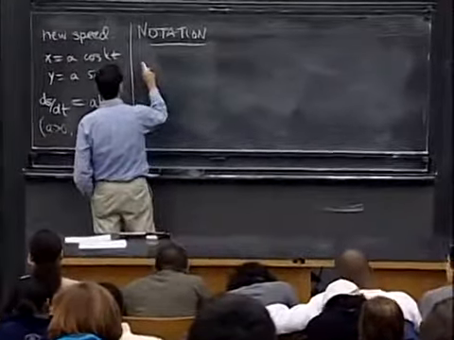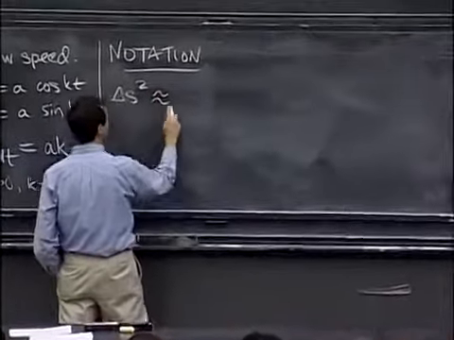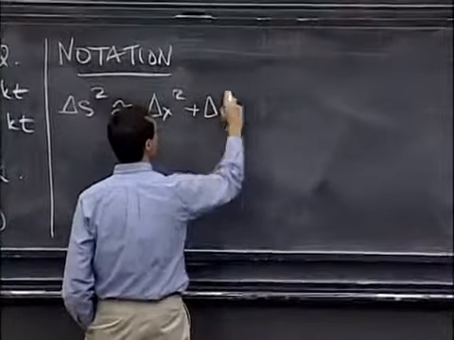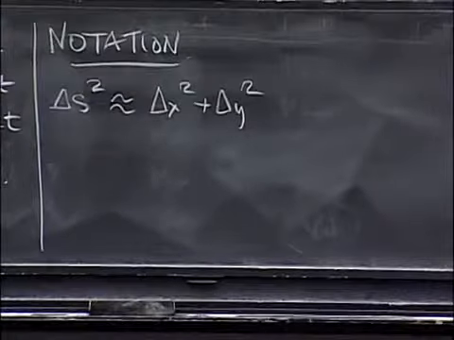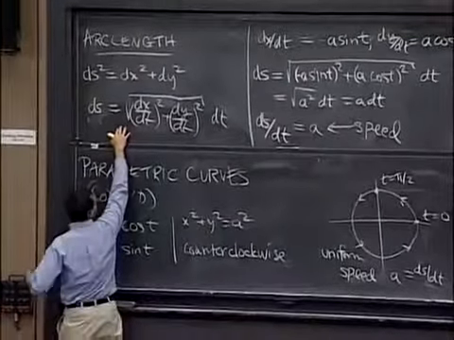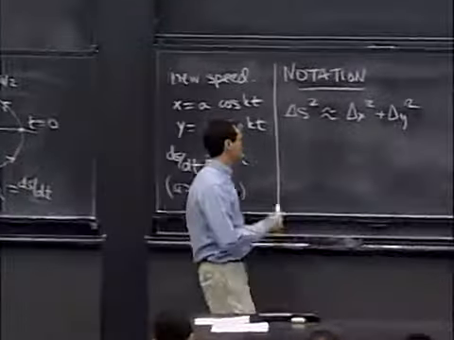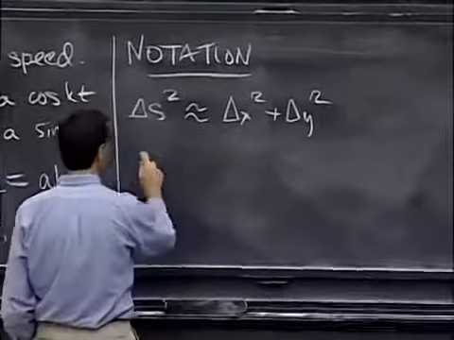So the basis for this was this approximate calculation that we had, that delta s squared was approximately delta x squared plus delta y squared. This is how we justified the arc length formula before. And let me just show you that the formula that I have up here, this basic formula for arc length in the parametric form, follows just as the other one did. And now I'm going to do it slightly more rigorously.